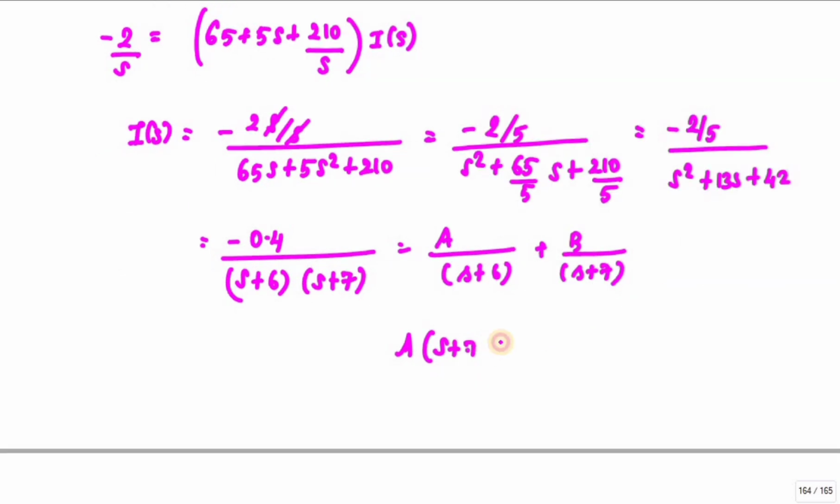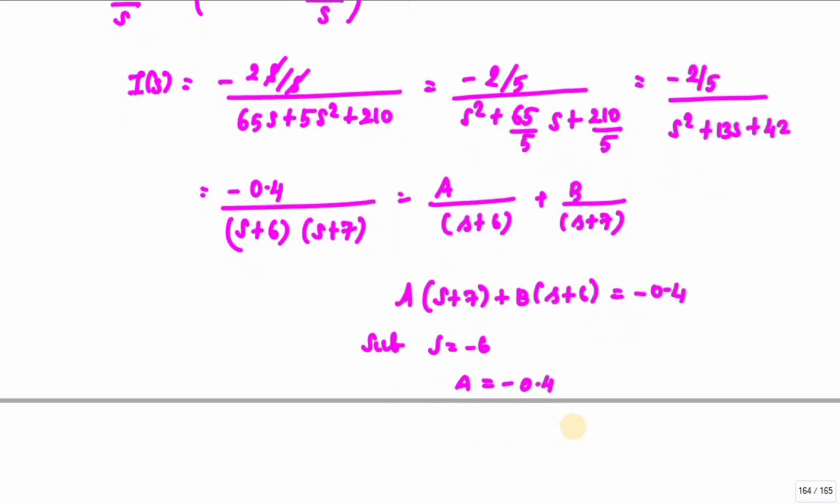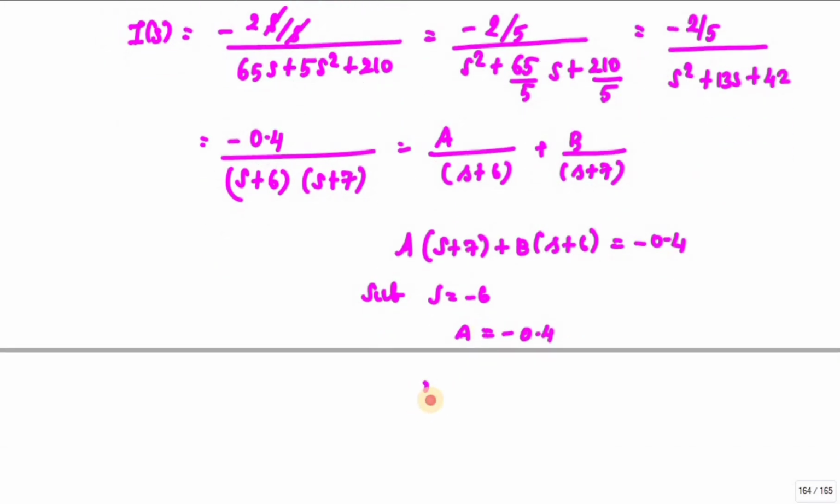So now I can write a into s plus 7 plus b into s plus 6 is equal to 0 s minus 0.4. Substituting s is equal to minus 6, I will get a is equal to minus 0.4. And substituting s is equal to minus 7, minus b is equal to minus 0.4. So b is 0.4. So I'm going to substitute that in the above equation, minus 0.4 for a and 0.4 for b.